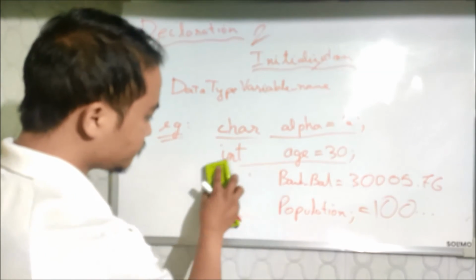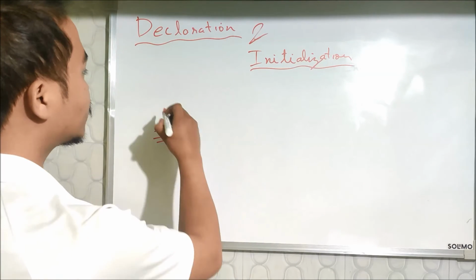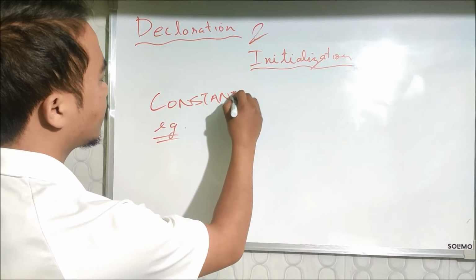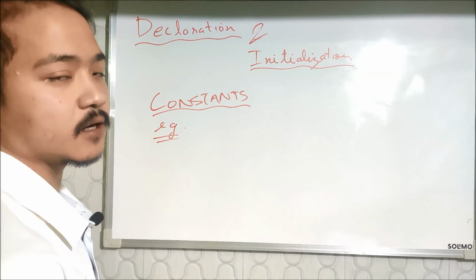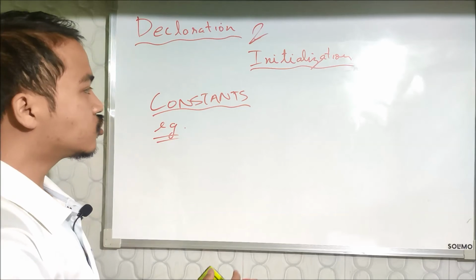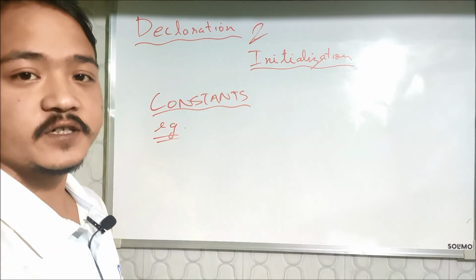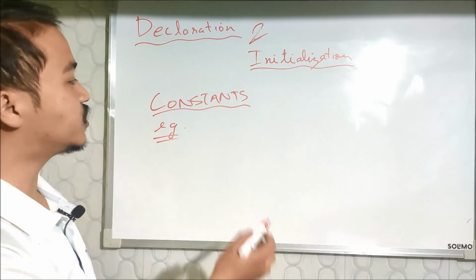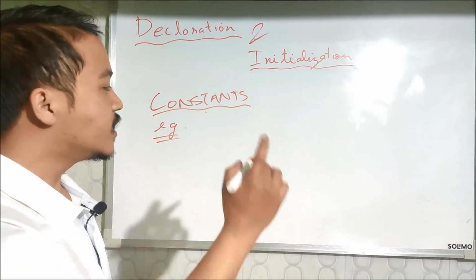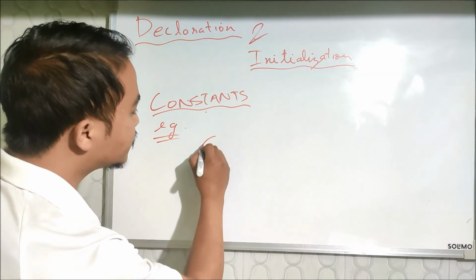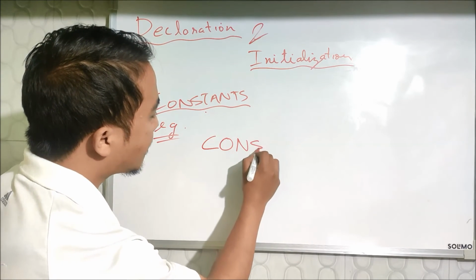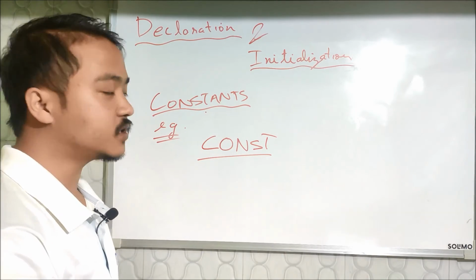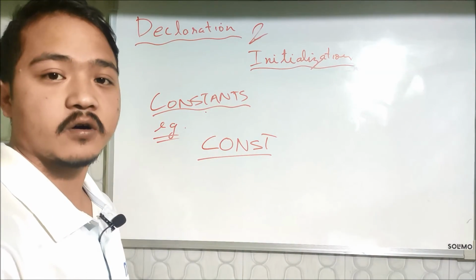Okay, now let's talk about constants. How do you initialize a constant? The only difference between declaration and initialization of a constant and a variable is that you precede it first with the keyword const, and then you follow the same procedure as for a variable.